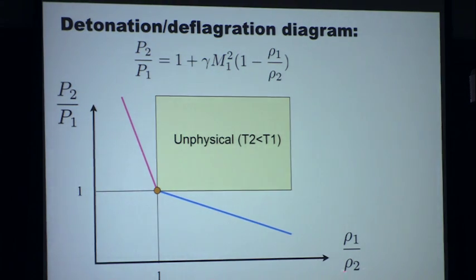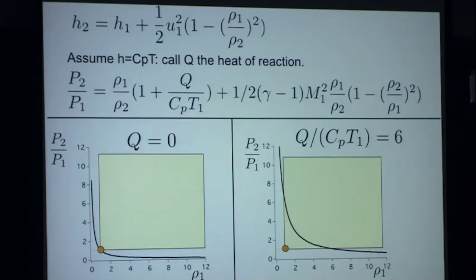You put here the ratio of density between the fresh and the burnt gas, and here you put the ratio of pressure between the fresh and the burnt gas. And you can show that all the points should be on these two lines here. You cannot go there, you should be on these two lines. And after that, if you add here the conservation of energy through the flame front, you can show also that you should be on this curve here.